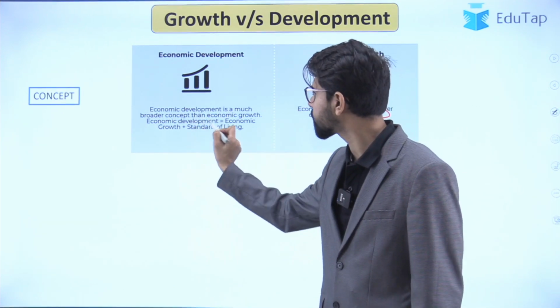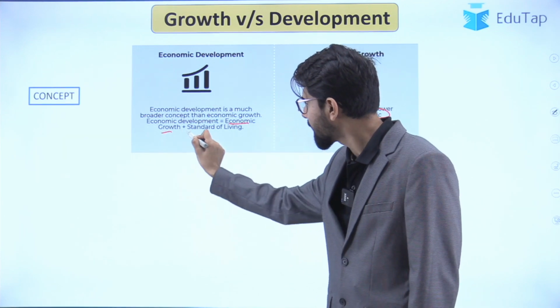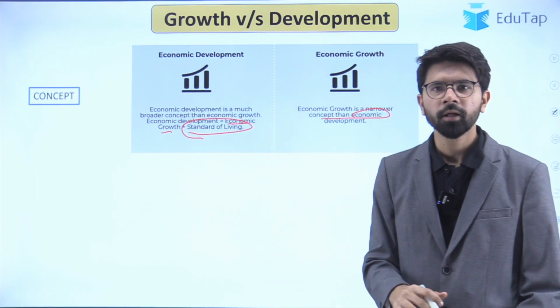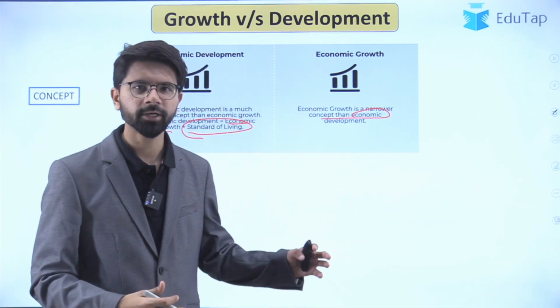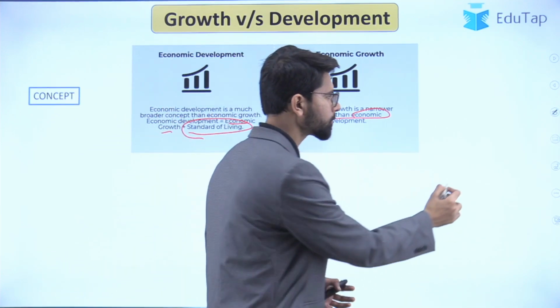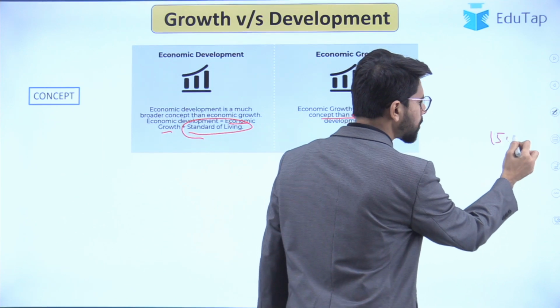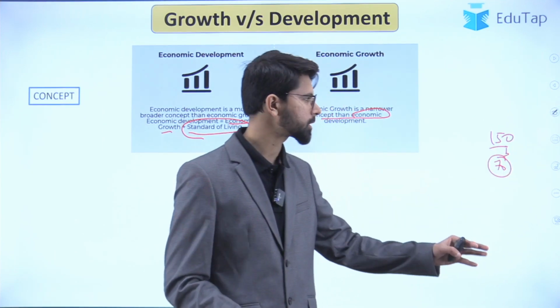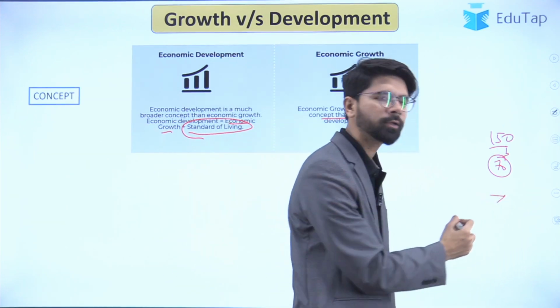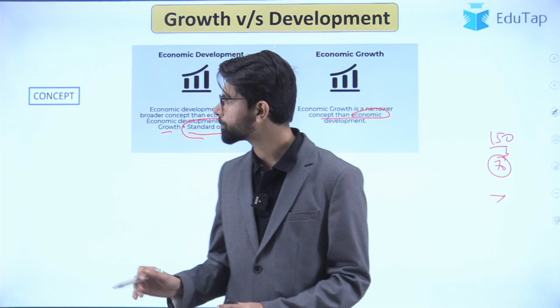But development focuses on economic growth as well as the standard of living, so that there should not be any disparity in the income between different sets of people. Like there were a few people who started earning more than 100, that is 150, and a few people whose income had decreased from 100 to 70. There should be equality among all the people is what development emphasizes.